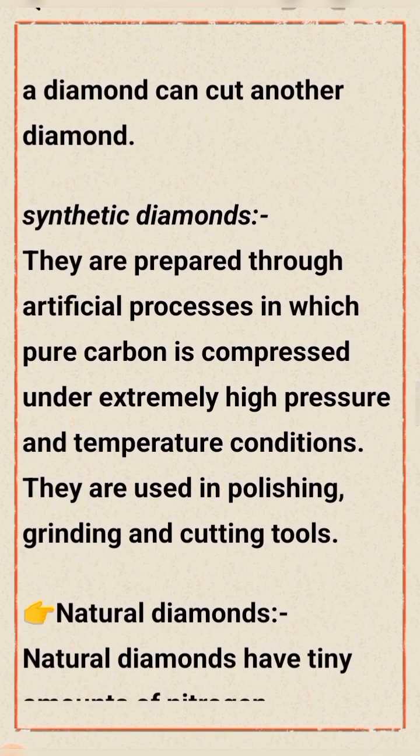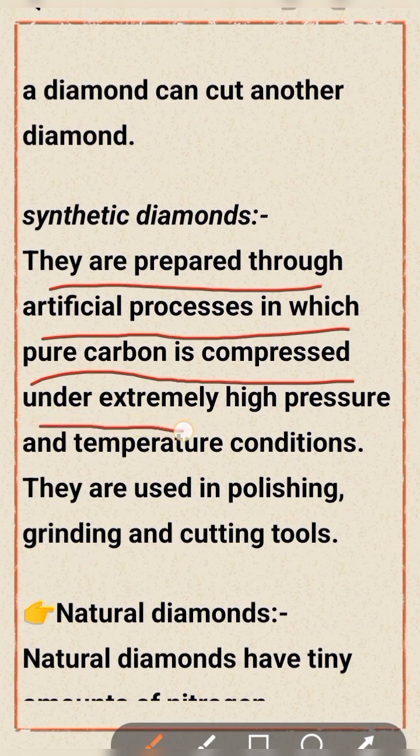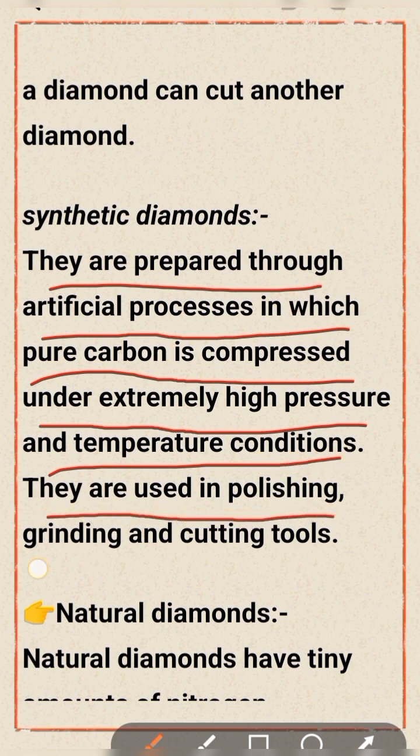Next part, synthetic diamond. They are prepared through artificial processes in which pure carbon is compressed under extremely high pressure and temperature conditions. They are used in polishing, grading and cutting.